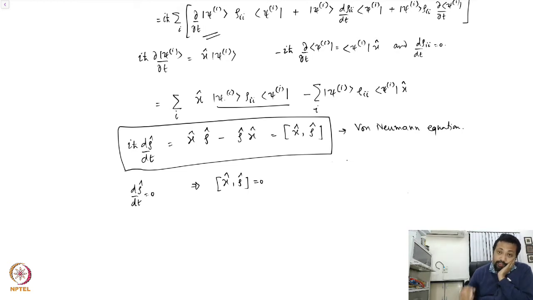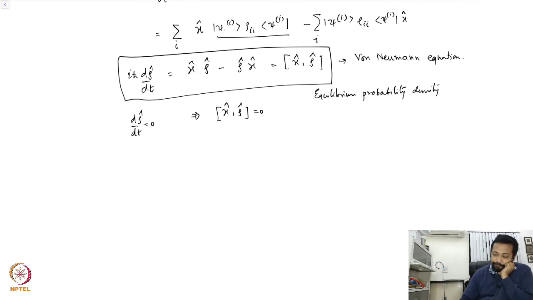Therefore, if I want to look at the equilibrium probability density and construct that, then I can very well use the energy eigenfunctions, in which case ρ̂ is going to be diagonal in that representation, right?